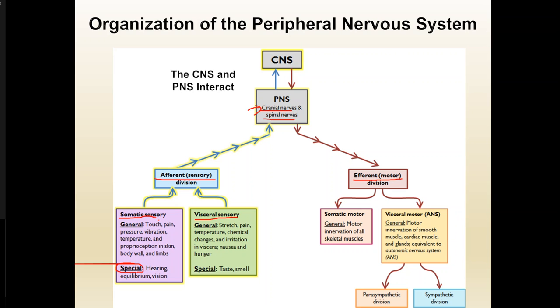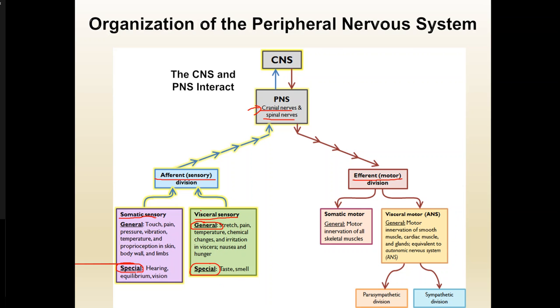Then you have your visceral sensory division, which again has a general division and a special one. Your special one in this case is all the information about taste and smell.